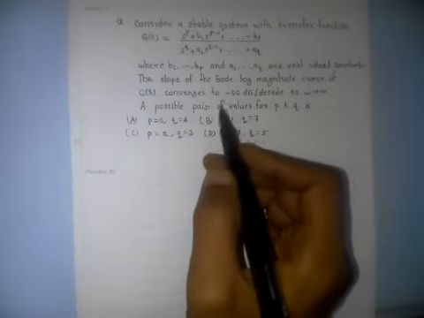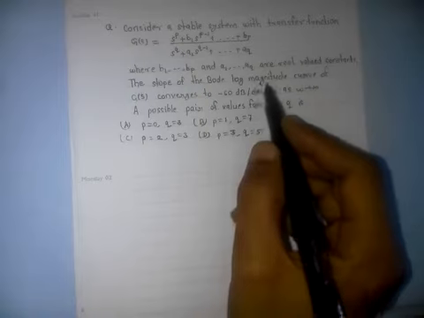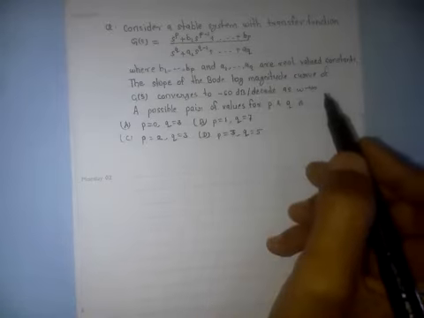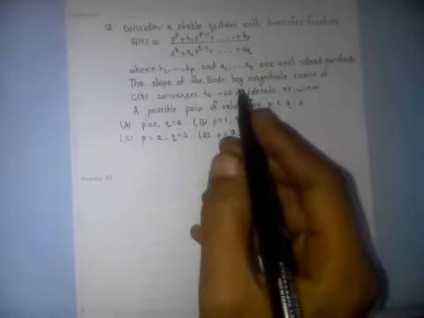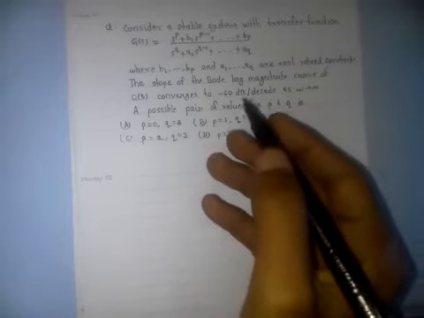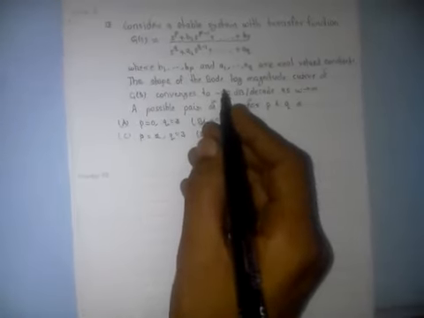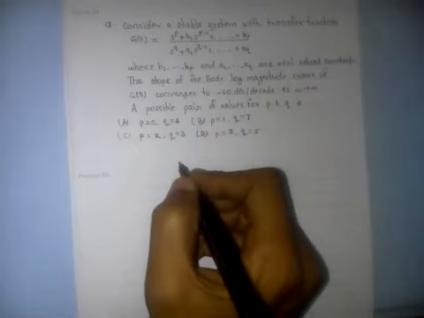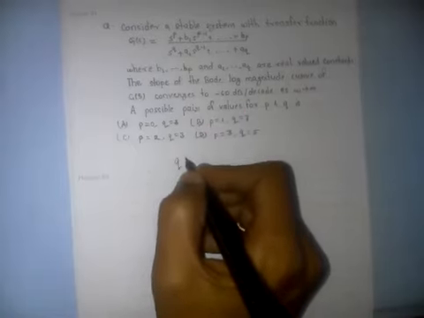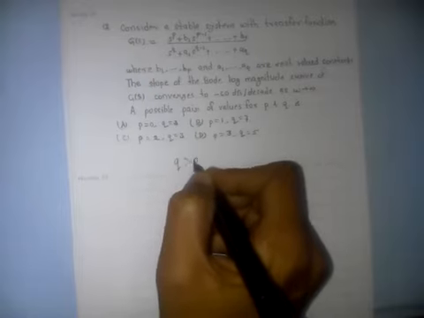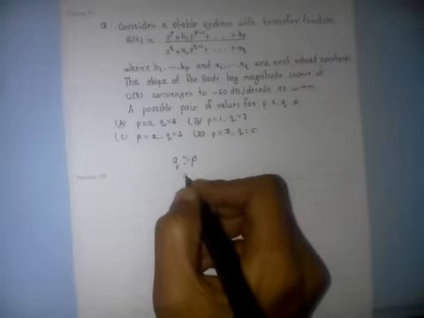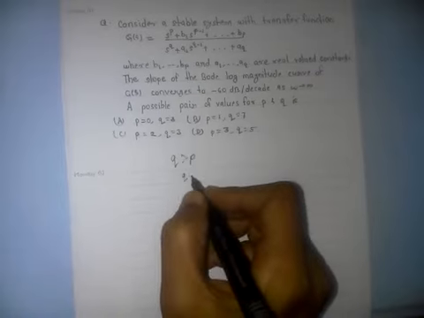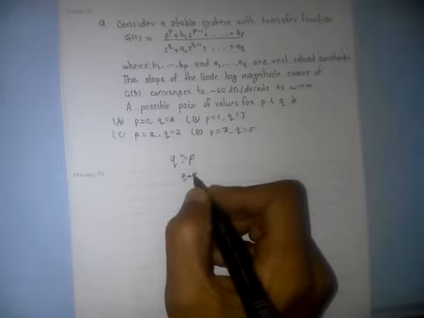So here the key point is that G(s) converges to minus 60 dB per decade as omega tends to infinity. So what does it mean? The slope is negative, which means definitely the number of poles is more, that is Q is more than P. How much more?